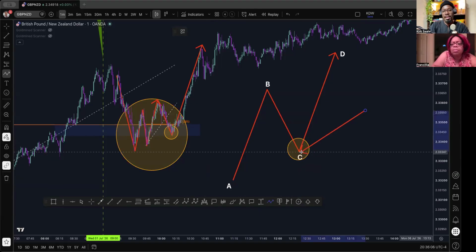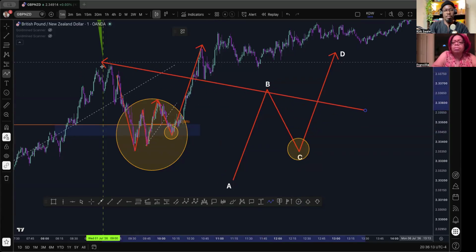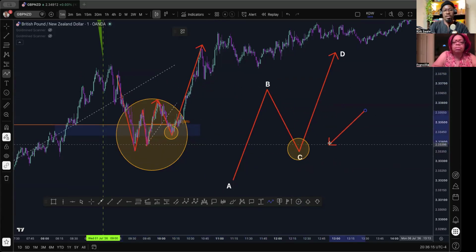The only way we can get to C is if B starts to go down. So B is a downtrend. This is B. C starts to show up when B ends. So the question was always, how do we know when B ends? When a downtrend stops going down.